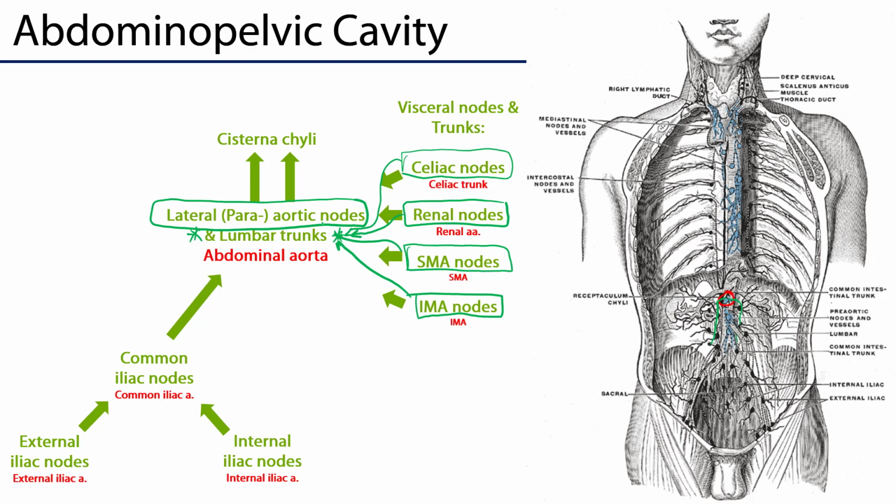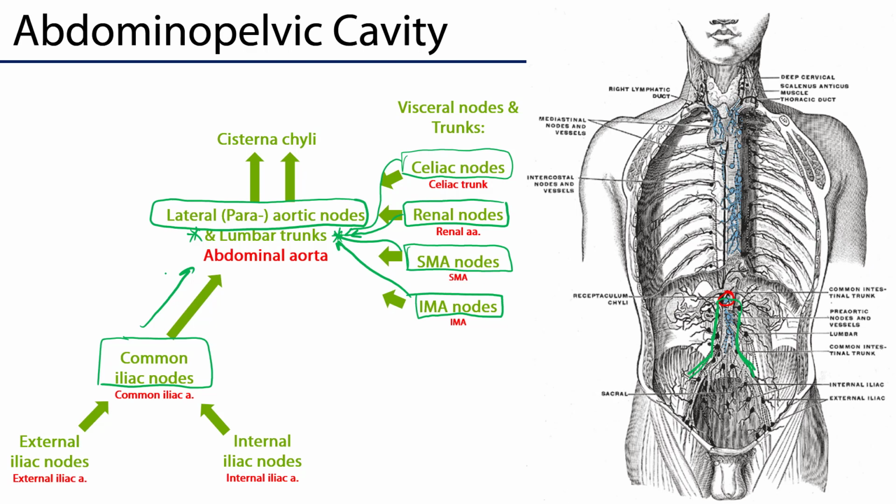So the lumbar trunks are going to arise from iliac trunks and nodes. So just as the common iliac arteries are the bifurcation of the abdominal aorta at about L1, we also have these common iliac nodes along this pathway that send lymph up through these lumbar trunks.